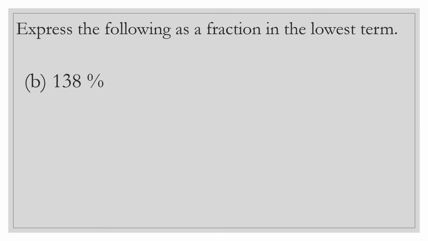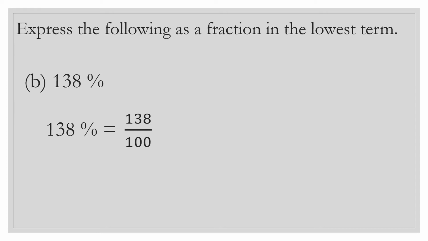Let us solve one more question. Question number B. 138%. What we have to do in this question? Yes, express as a fraction in the lowest term. So first we will write it in fraction, that is 138 upon 100. Now simplify. See, 138 and 100 both are divisible by the same digit 2.